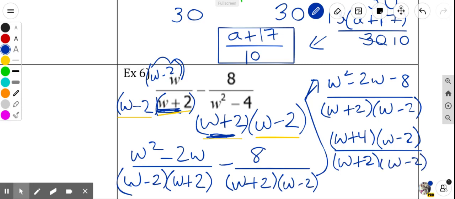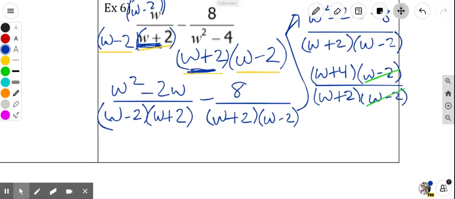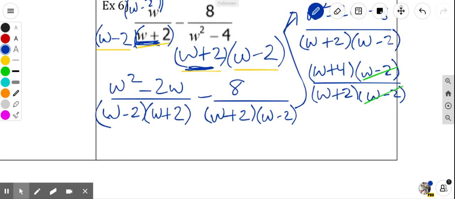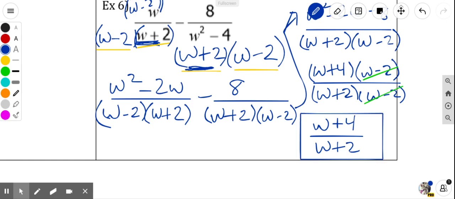Notice we have w minus 2 on the top and the bottom, so those can cross off. And then our final answer would just be w plus 4 over w plus 2. So that was kind of long for sure, but some of these in between steps you don't necessarily always have to write. Okay, so let's go on to the back.